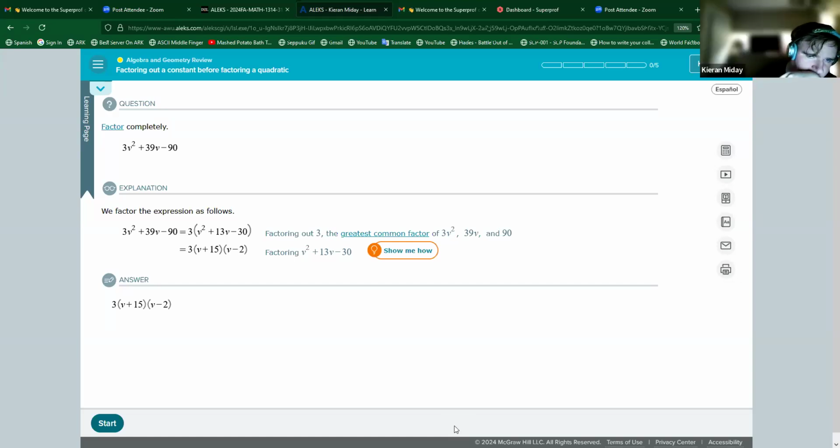Yes, a couple of numbers will come to mind, but guess what? The only two numbers that satisfy both questions would be 15 and minus 2. So that's why you now have v plus 15 and v minus 2. Remember back then I said that the v squared would take care of itself, right? And now it's going to do that. That's exactly what happened.